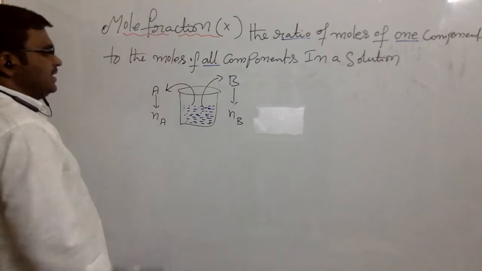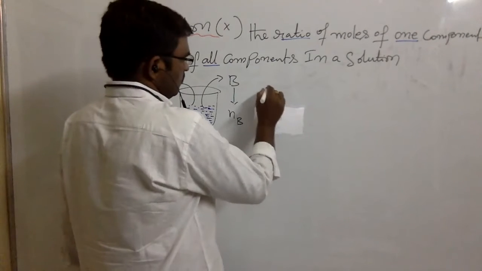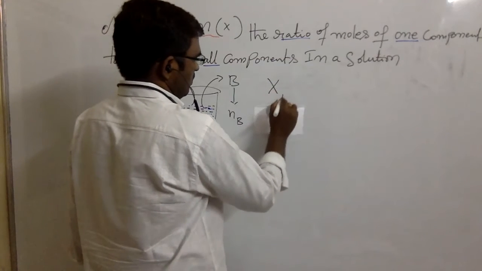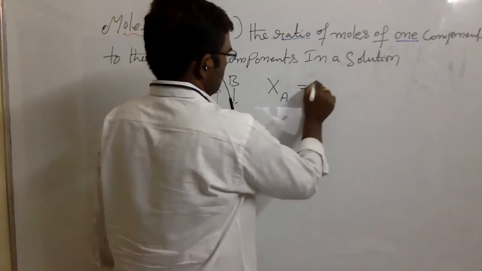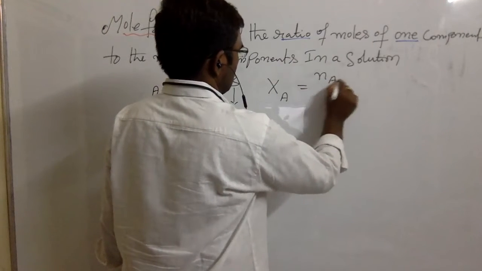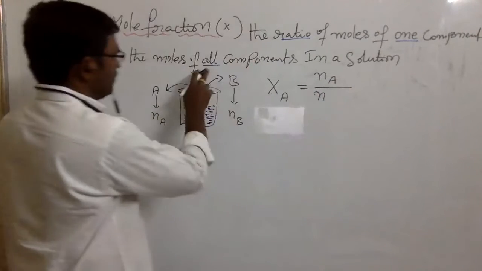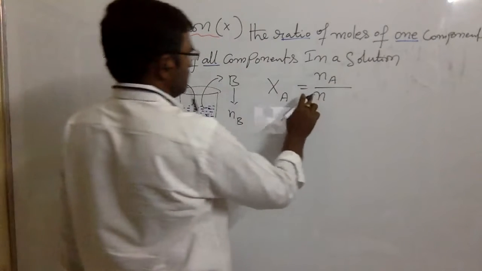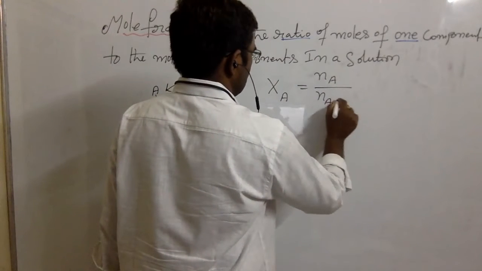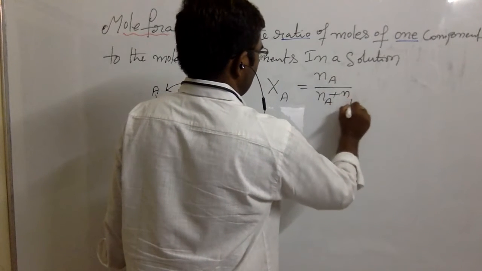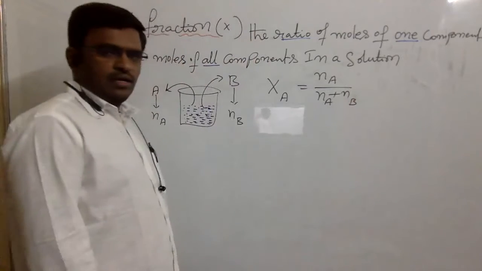See students, according to the definition, the mole fraction of A component is equal to moles of component A to the moles of all components. For the denominator, write all components, nothing but Na plus Nb.